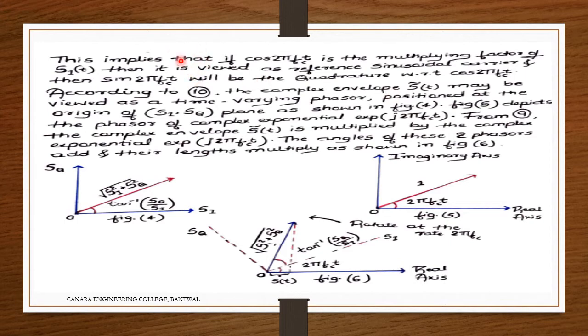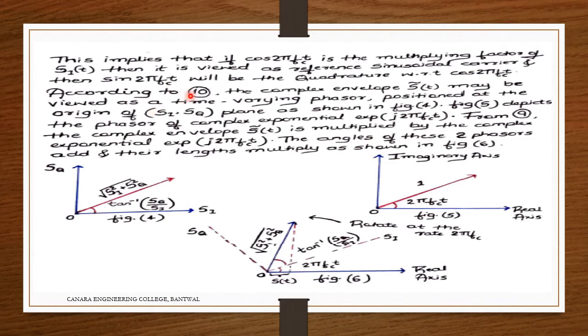So what we consider here is that cos 2 pi fct will be the reference signal, and sin 2 pi fct will be the quadrature phase, that is, 90 degree shifted. So the in-phase component will be accompanied by cos 2 pi fct, and the quadrature phase component will be accompanied by sin 2 pi fct, that is the 90 degree phase shift.